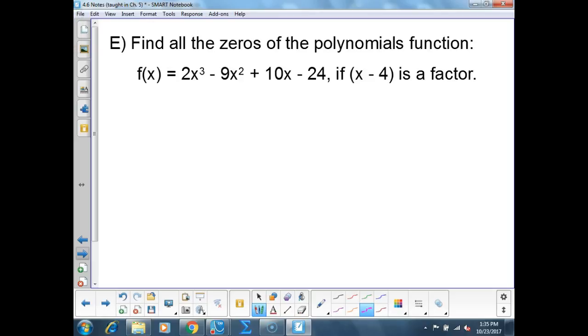Find all the zeros of that polynomial function. So like what we were doing last week. Okay. Given f of x equals 2x cubed minus 9x squared plus 10x minus 24, if x minus 4 is a factor. Go. So what do we do first? Okay, so how do I set up the synthetic division?